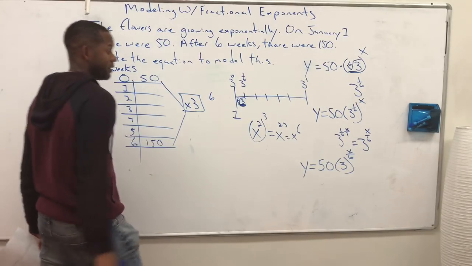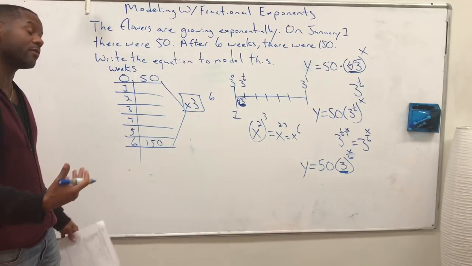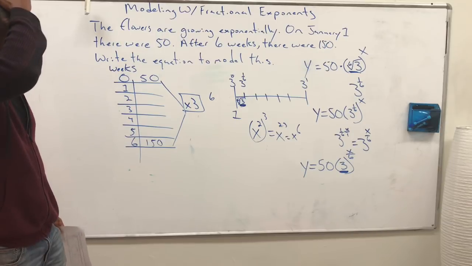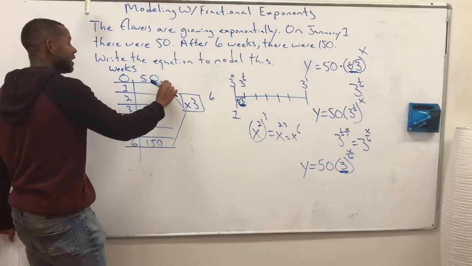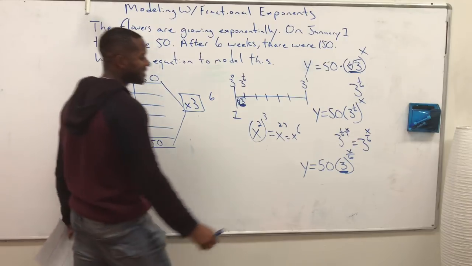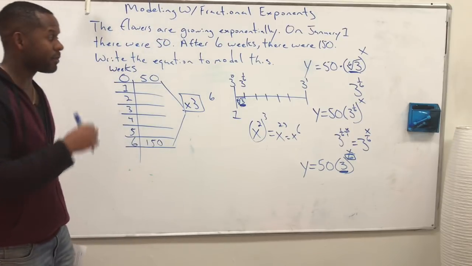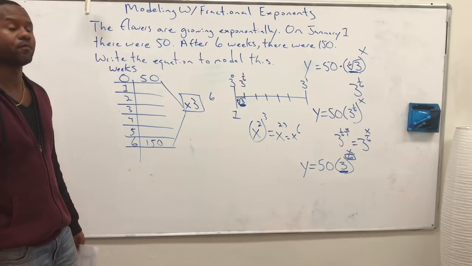Times 3. It's really tripling. But it's not tripling in one step. It's tripling in 6 steps. And this shows me how many steps it takes for it to triple.